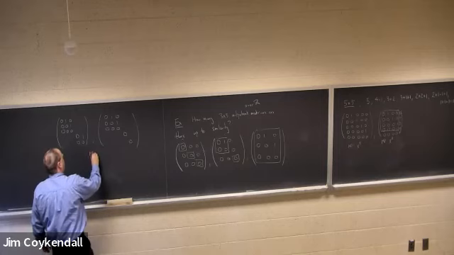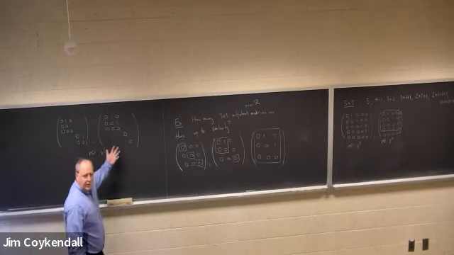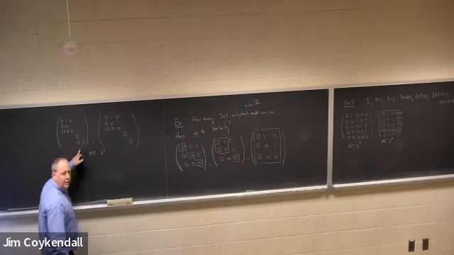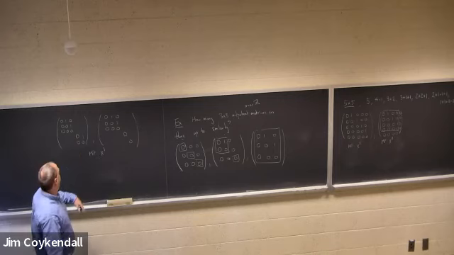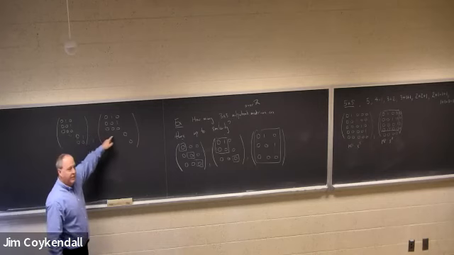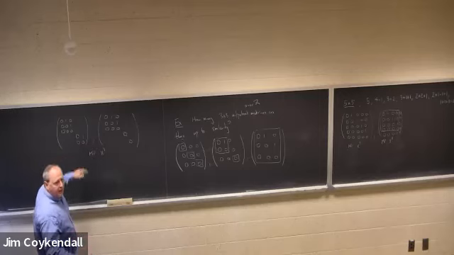Both of these have minimal polynomial x cubed. And you see this effect starting to take place where the characteristic polynomial of both of these is x to the 5th, as are all the matrices, but the minimal polynomial isn't even enough information to determine it here, right? Because both of these have the same minimal polynomial, but they're not similar matrices, right? You have to have all the information with the invariant factors.